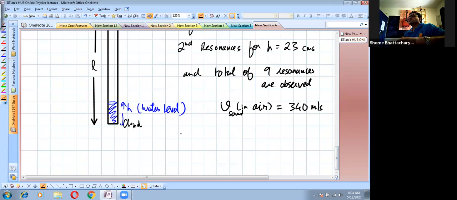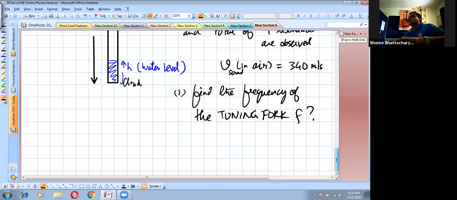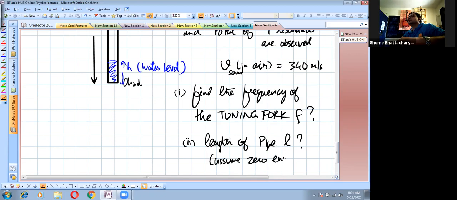So from this, first of all, find the frequency of the tuning fork, and secondly, the length of the pipe L. So for that, assume zero end correction.